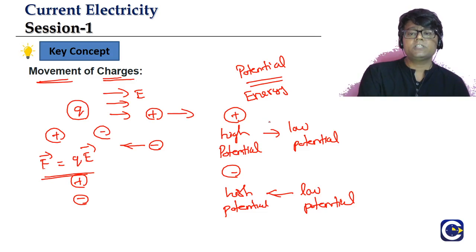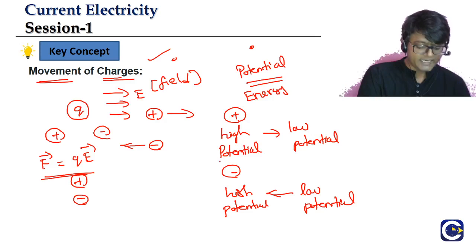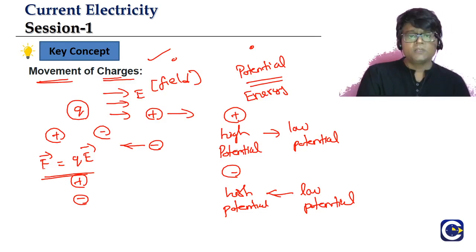If positive charges are moving in one direction, negative charges are going to be moving exactly in the opposite direction. So the reason for movement of charges can be understood either by using the concept of field or by using the concept of potential. Clear, guys? So this is the reason for the movement of charges.